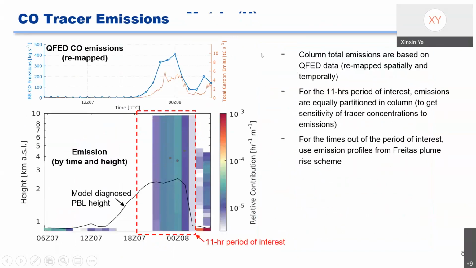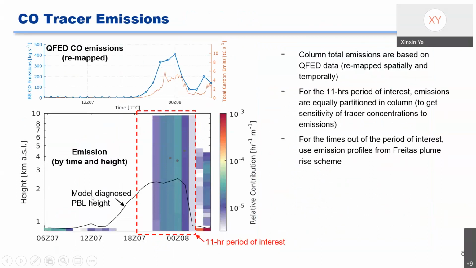So here, these 2 plots show how we distribute the tracer emissions. The hourly emissions follow the QFED data and are remapped following the Fuel to Fire bottom-up inventory to represent the diurnal cycle.